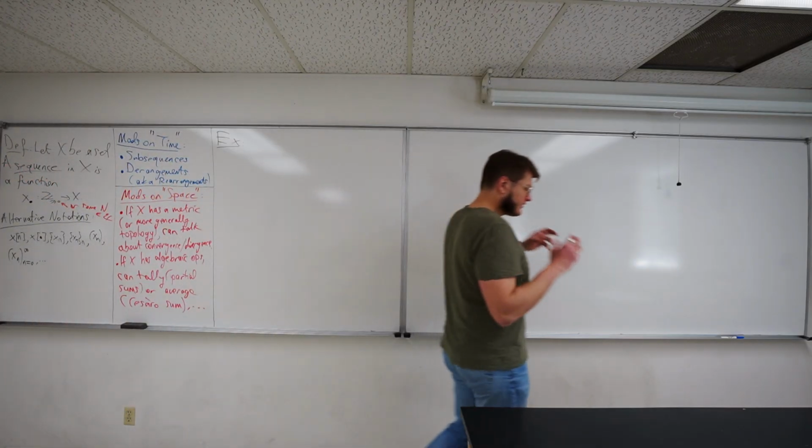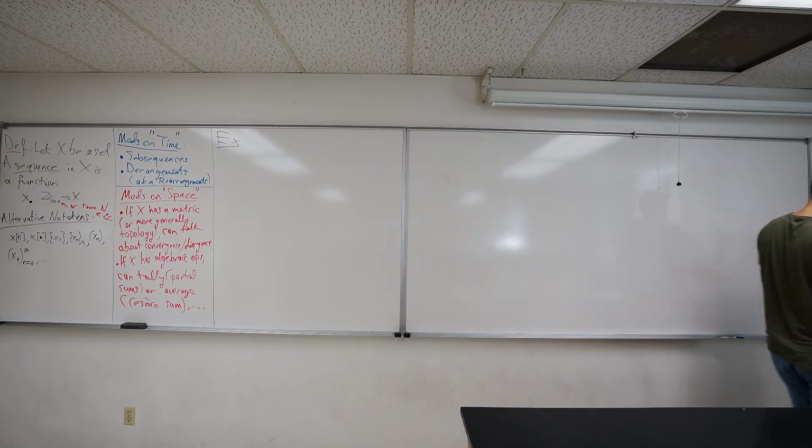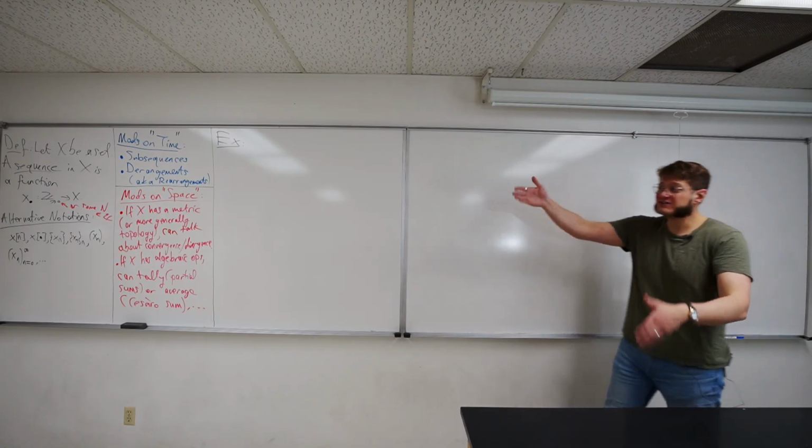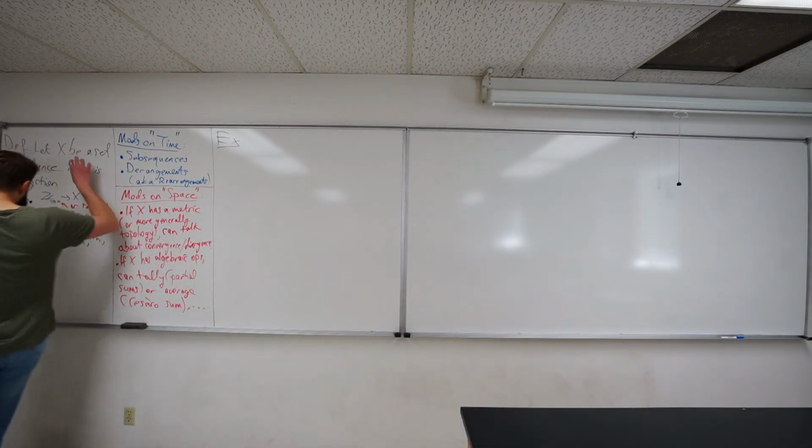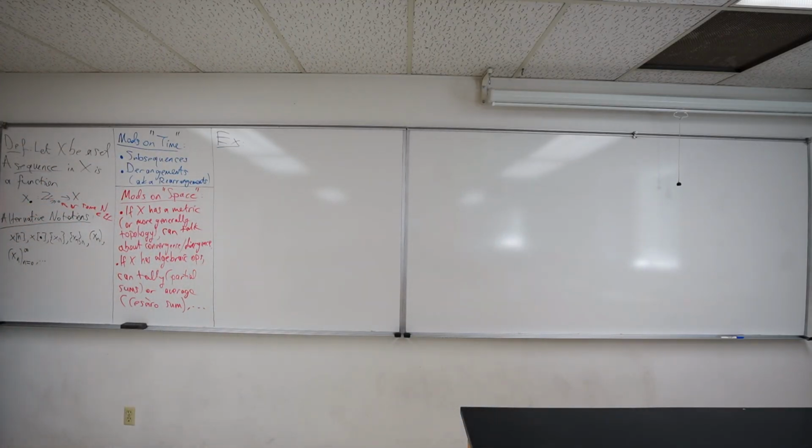A sequence is a temporal, dynamical object. It's not a set. I don't want you to think of it as a set, even though functions are ultimately sets. It's something that changes in time. A subsequence will be something like editing out certain behaviors that we don't want to see. I'm going to give you the precise definition later.